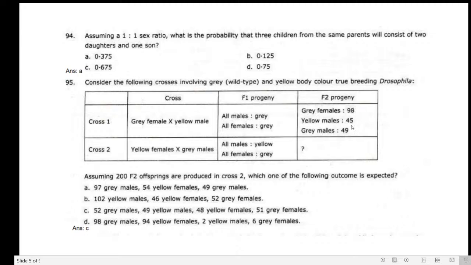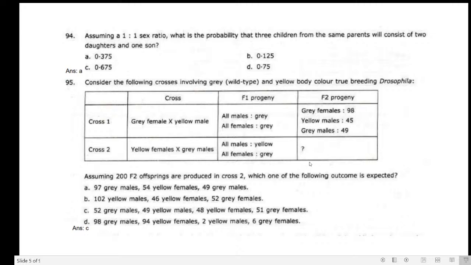This ratio was randomly taken. Here they mention 200 F2 offspring. For the cross 2 question, they are asking what the expected outcome is.